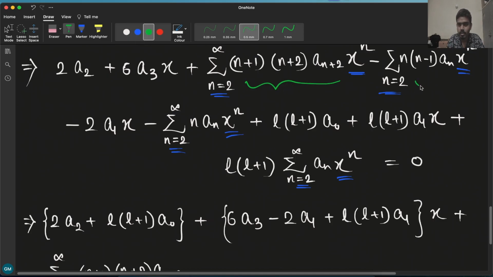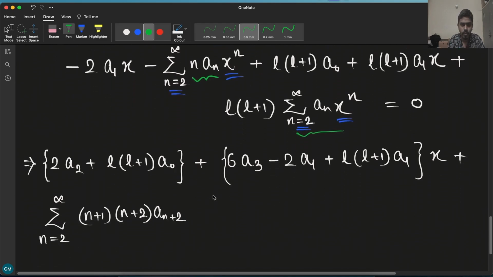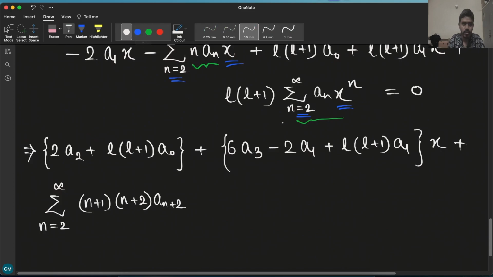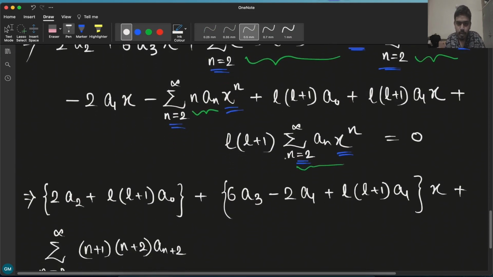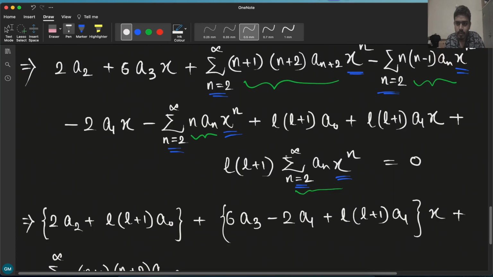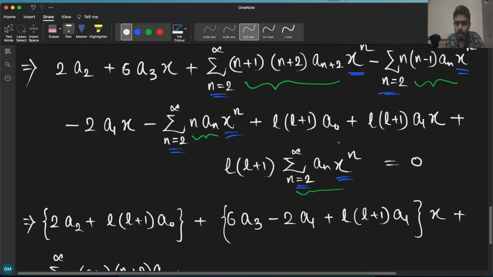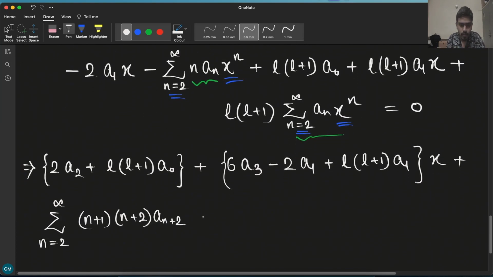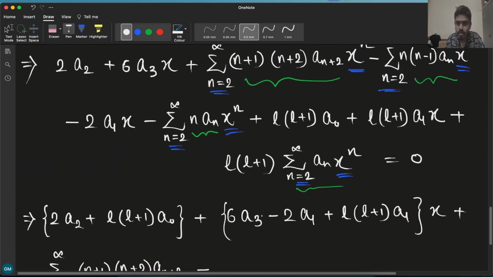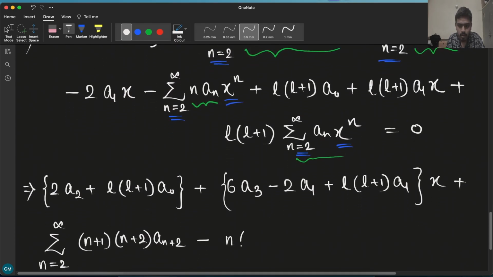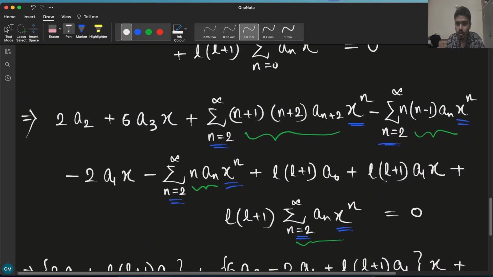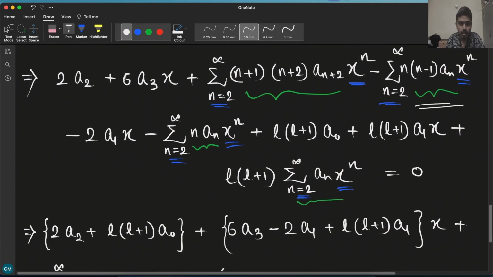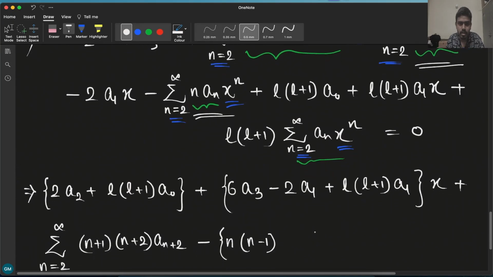Now let's put these three terms together in this form. If I take minus outside, then it is n into n minus 1 from this term, then minus n from this term.